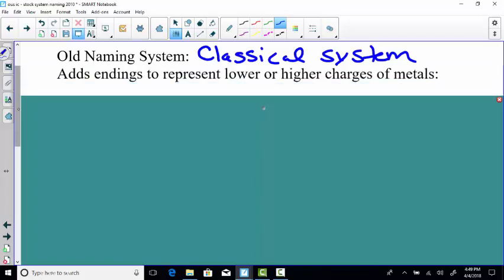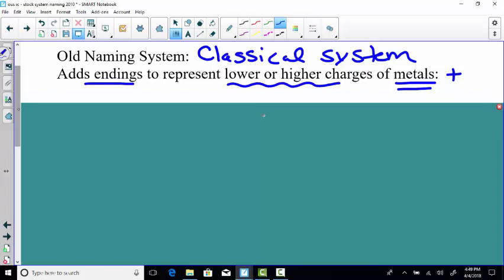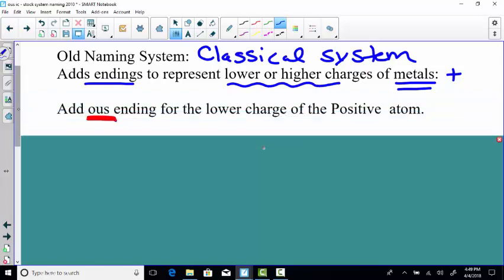In this old naming system, we're going to add endings again, but we're going to add those endings to metals, which means positively charged ions. The endings are going to represent lower or higher charges. The first ending we're going to add is an ous ending for the lower charge of a positive atom.